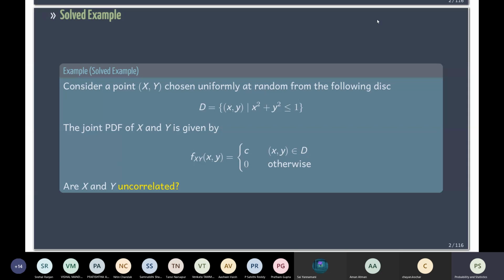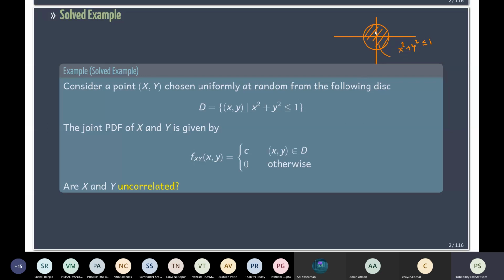The disk is the region x squared plus y squared is less than or equal to 1.